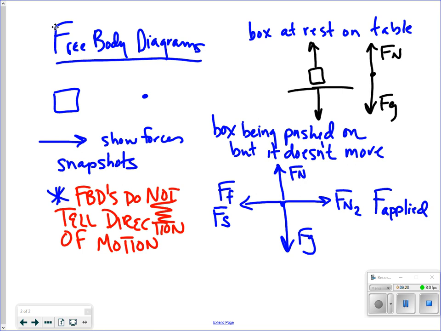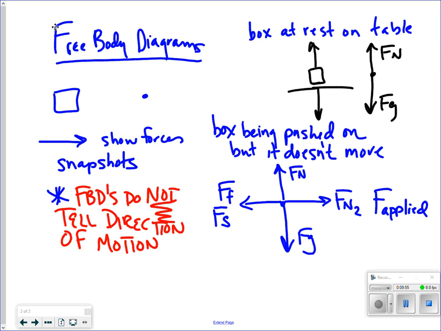This one over here with the 4 arrows could be an object at rest, or an object moving with constant velocity. It could be moving up with a constant velocity. It could be moving down with a constant velocity. It could be moving left or right with a constant velocity. Those arrows just don't give you that kind of information. So make a big giant note to yourself that you cannot tell the direction of motion.